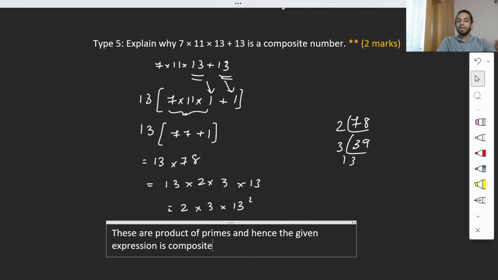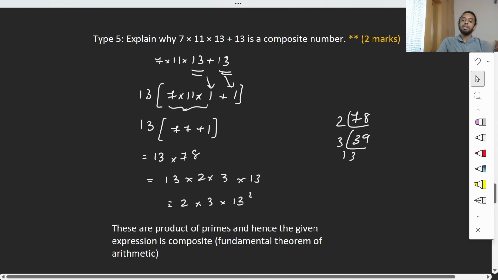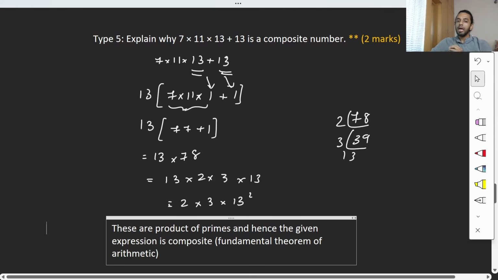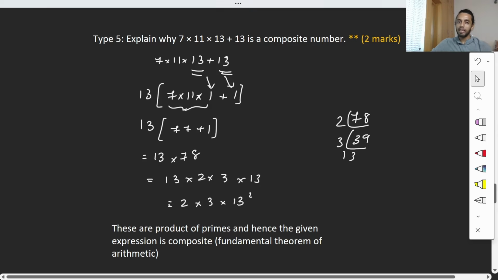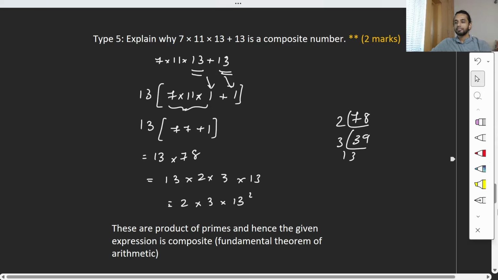And we can also mention the fundamental theorem of arithmetic, because that is what guarantees this idea. The fundamental theorem of arithmetic basically says, I'm recalling it again, product of primes is composite. So we have got the expression as a product of primes, therefore it should be composite.